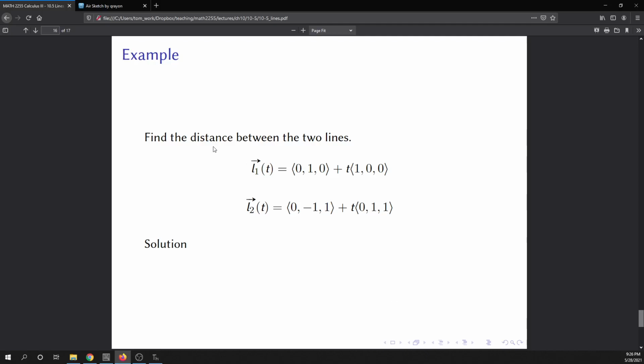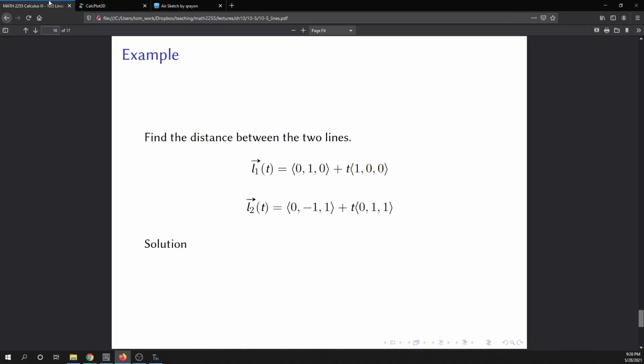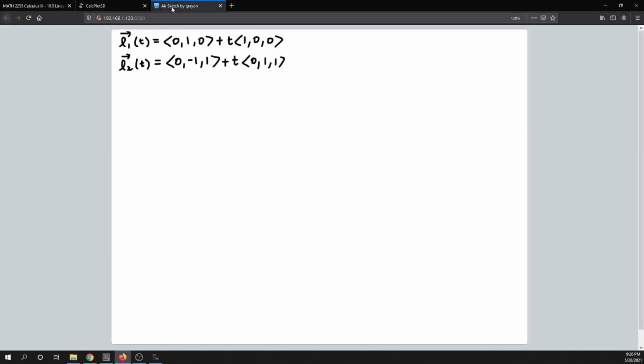All right, so we want to find the distance between these two lines. I'm going to go ahead and open this up in a new tab. So there are our two lines, 0, 1, 0, 1, 0, 0, and 0, minus 1, 1, 0, 1, 1.